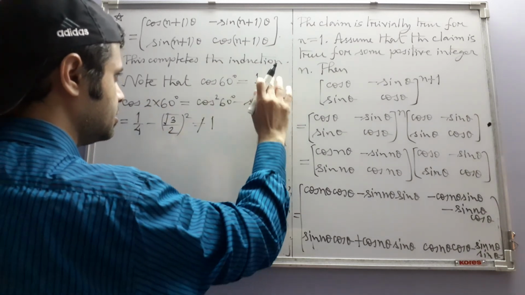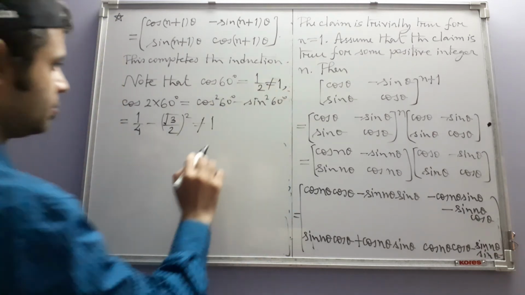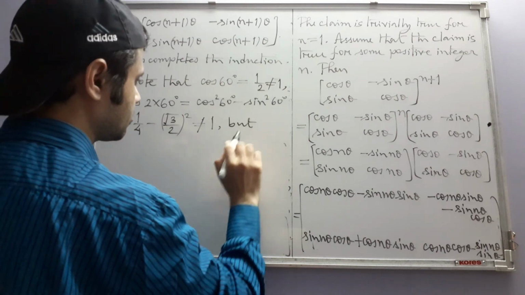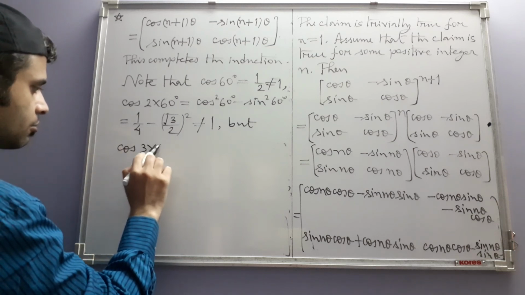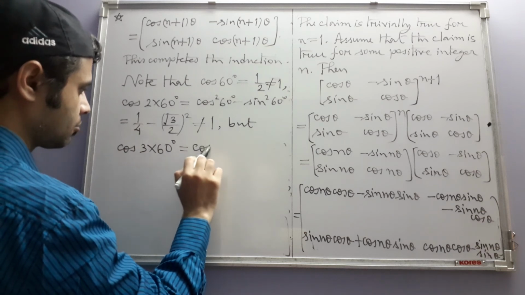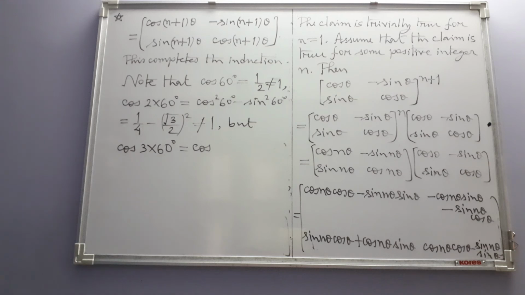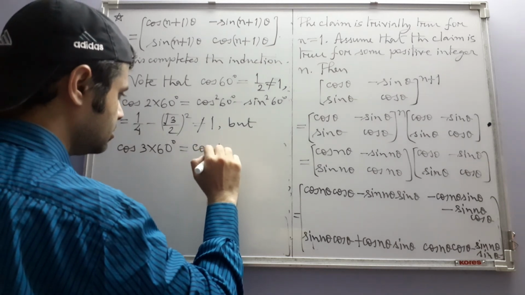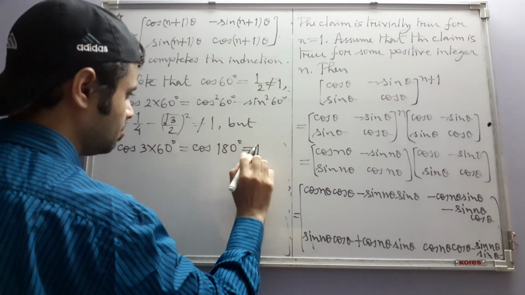So these are not equal to 1. But this is also not going to be 1, no? Because it's 180 degrees, this is equal to minus 1.